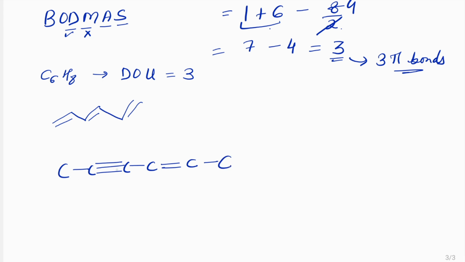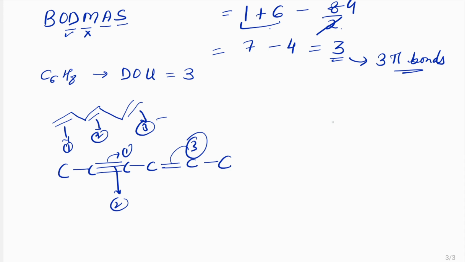Once again, this is the first pi bond, this one is the second, and this one is the third pi bond. So obviously the degree of unsaturation is 3.